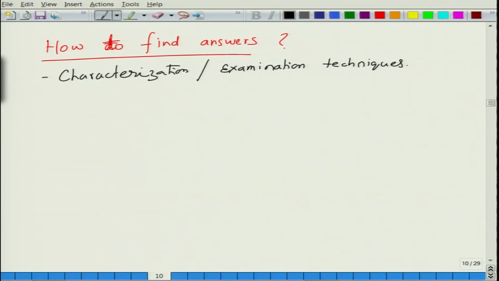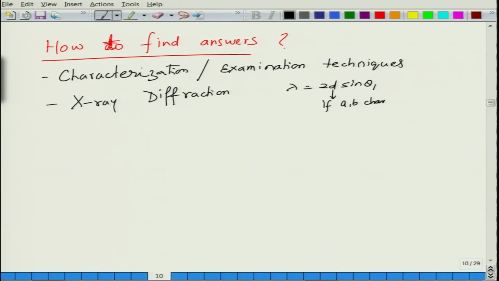So what are the techniques? For example, one technique that we learnt is X-ray diffraction, right? So X-ray diffraction is nothing but lambda is equal to 2d sin theta. So let us say you have a peak for a given material at certain value theta 1 for certain d spacing. If you are changing the atomic lattice parameter, which means if AB change, then d should change, which means theta should change.